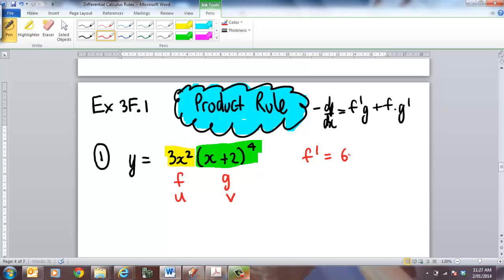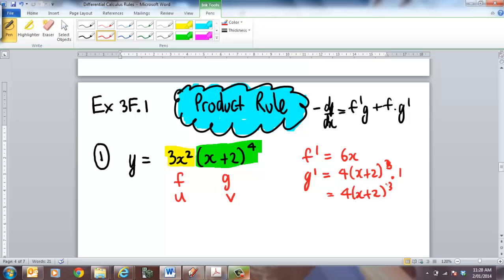My g dashed, I have to use my function rule, which is going to be (x+2)^4: I do my function there, and then I differentiate what's inside, and that works out to be 1. So it's simply going to be 4(x+2)^3.